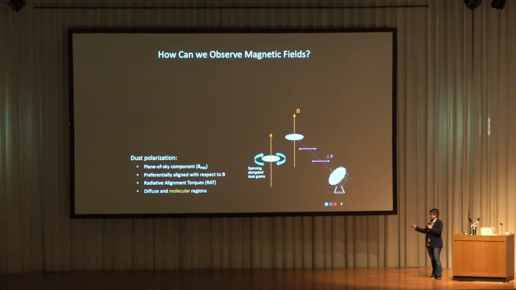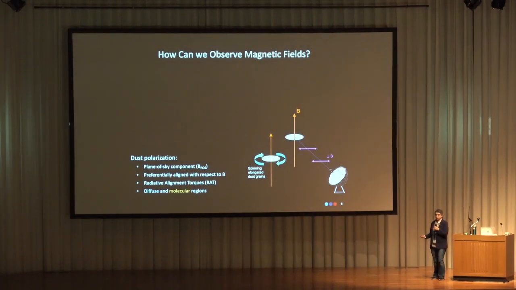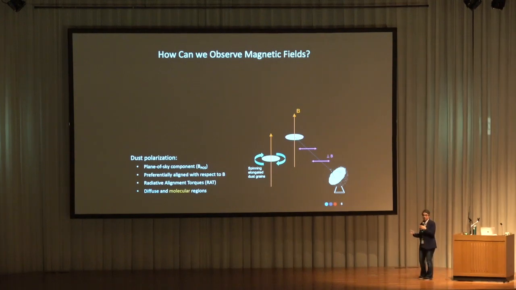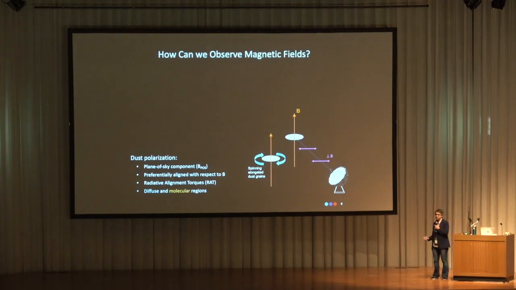The leading theory that can explain this alignment is radiative alignment torques. It has been used to observe magnetic fields in both diffuse and molecular regions. And we can also use dust emission in far infrared and submillimeter, or dust extinction in near infrared and optical observations.